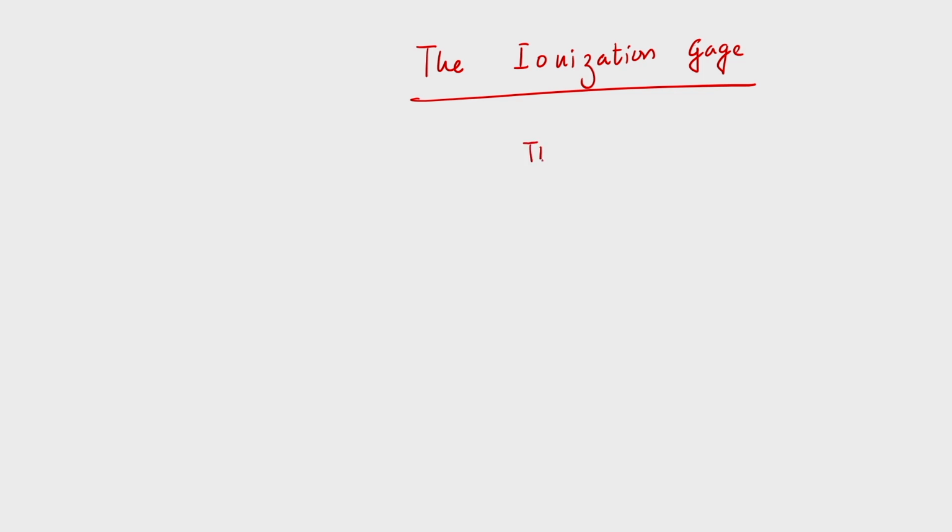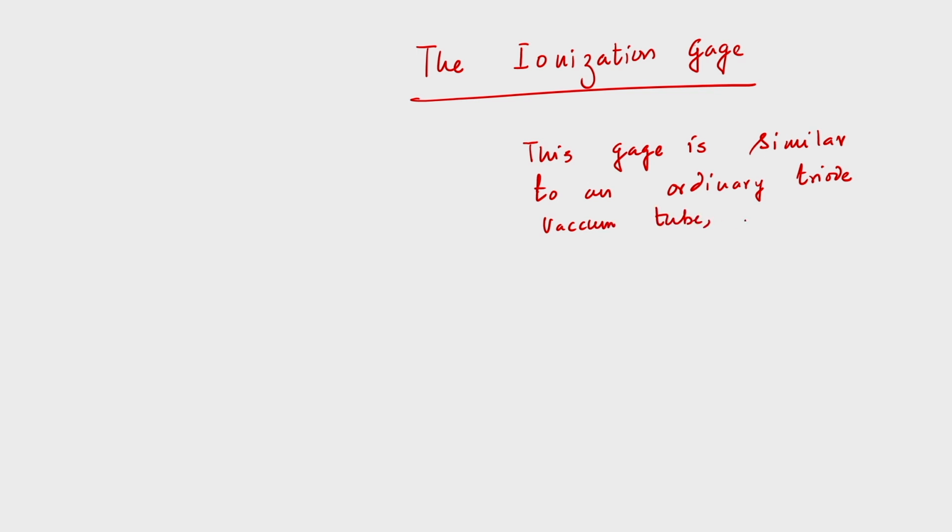This gauge is similar to an ordinary triode vacuum tube, where the tube is open to vacuum source.